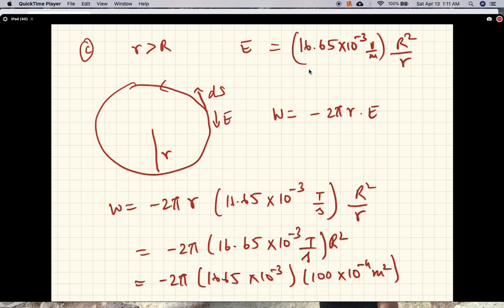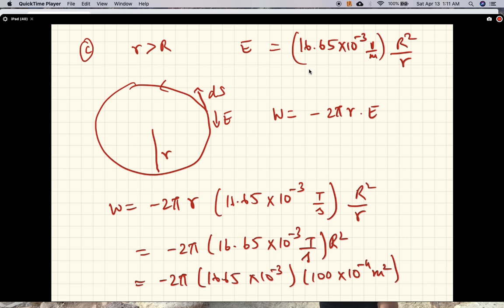So let's take care of powers of 10: 10 to the minus 7, 10 to the minus 5.